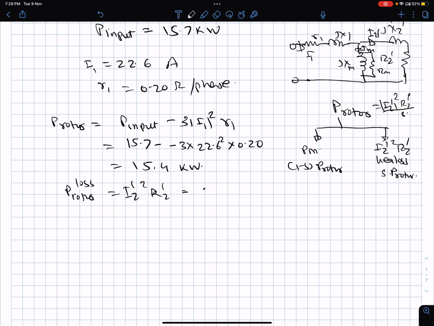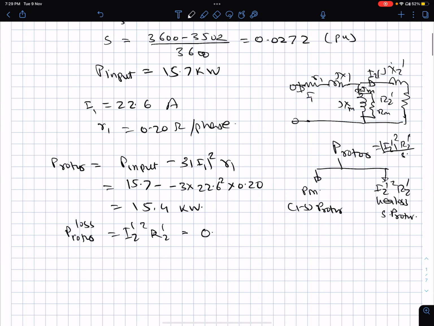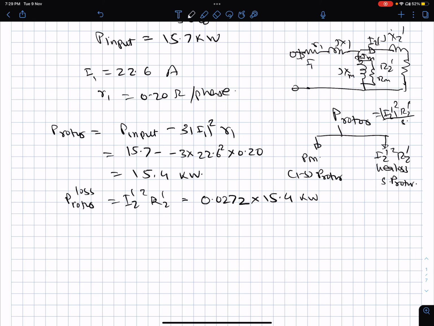The slip was 0.0272. So 0.0272 into 15.4 kilowatt will come out to be 419 watts.